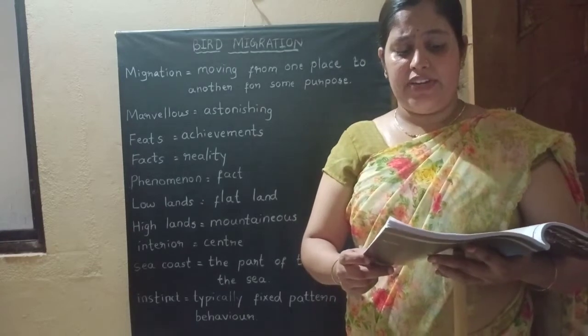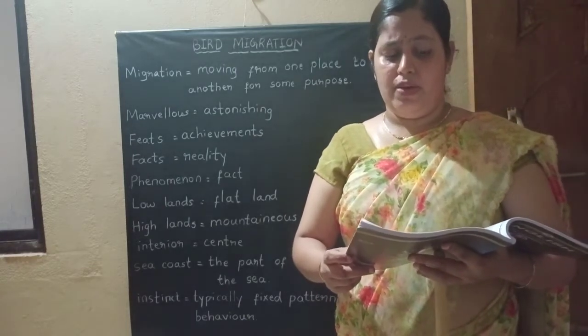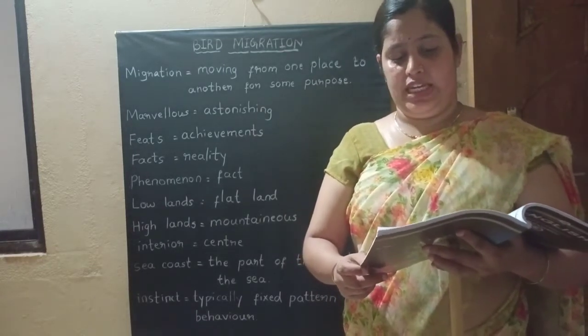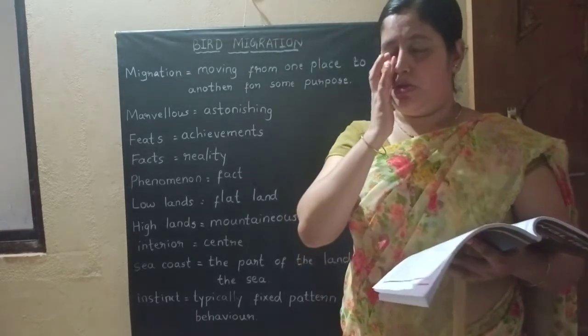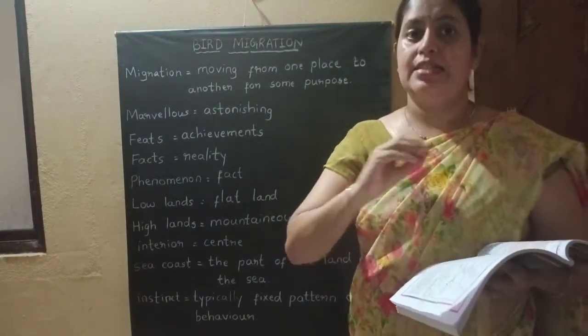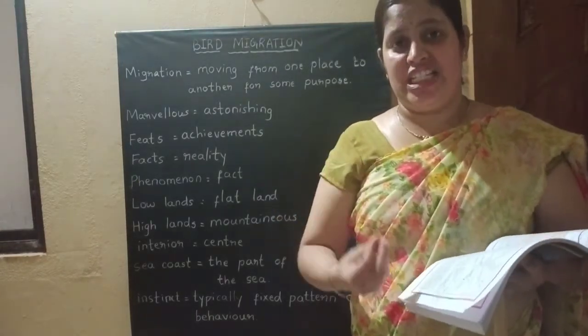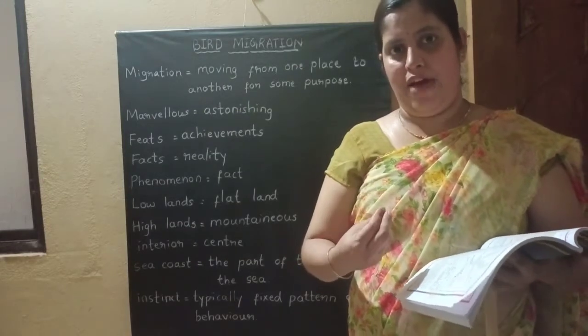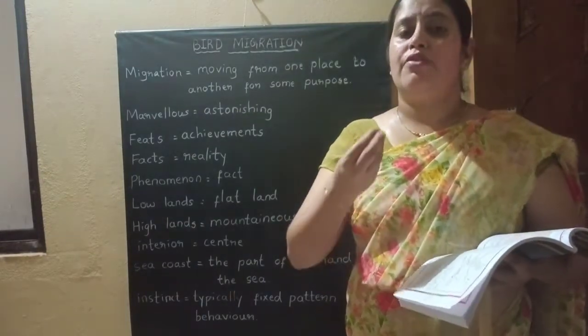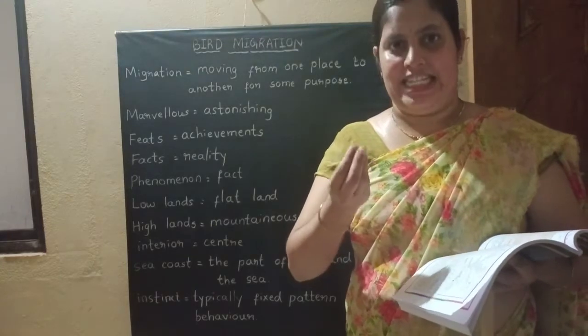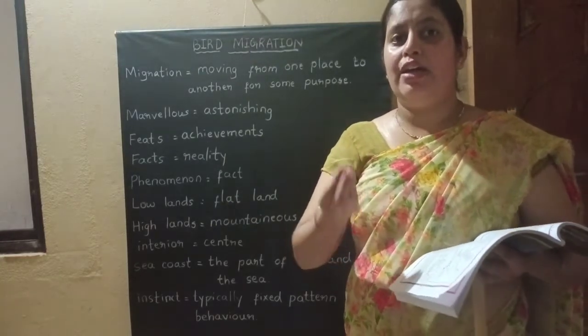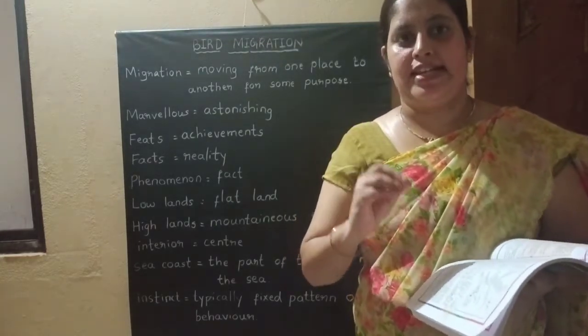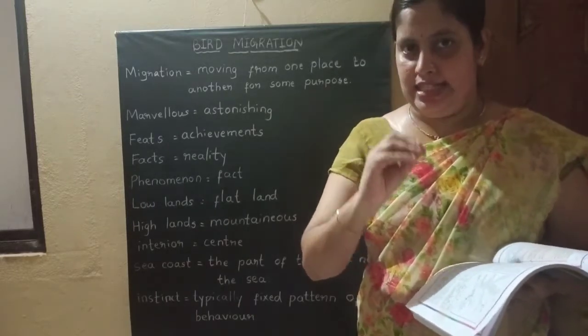The birds that feed on insects will not be able to find their food in winter. The birds which have insects as food cannot find any insects in the winter season.